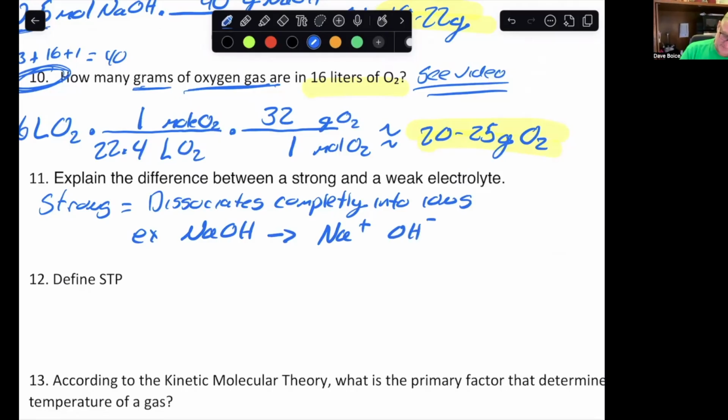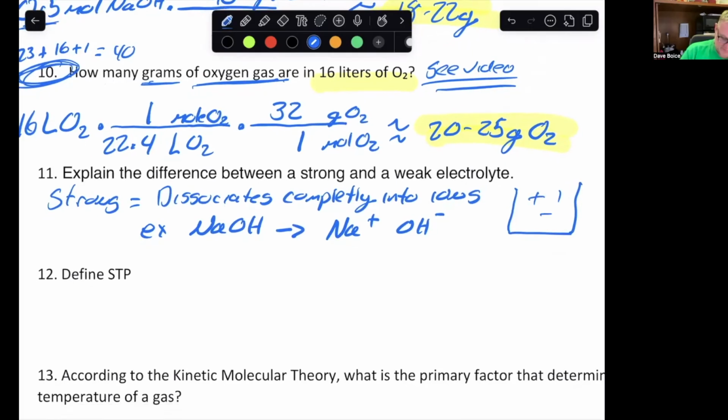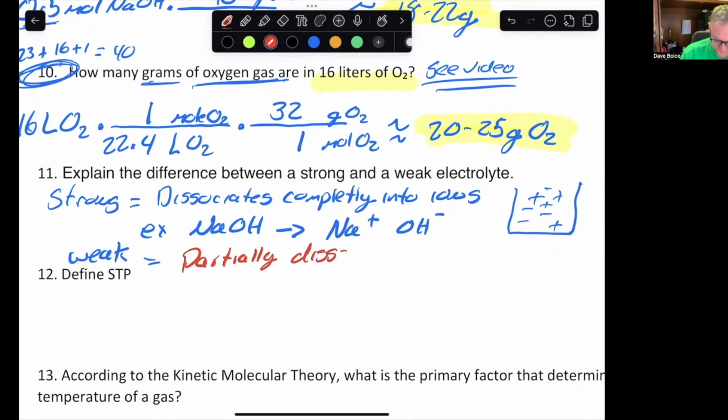And so if I have a solution and it breaks up, I've got a bunch of positive and negative charges just kind of floating around. And that's what can conduct electricity. Now, a weak electrolyte is much the same, except this is the important part, it dissociates partially. So it can conduct some, depending on the weak electrolyte.